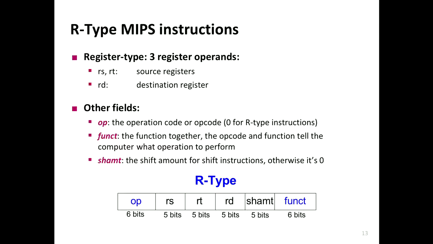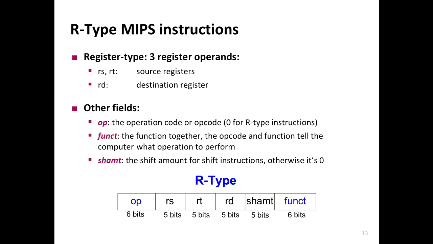And what are the operands? You have, let's say, $S0, $S1, $S2. What does it do? S0 will equal the value in S1 plus the value of S2. These two registers are called the source registers. This is the destination register.